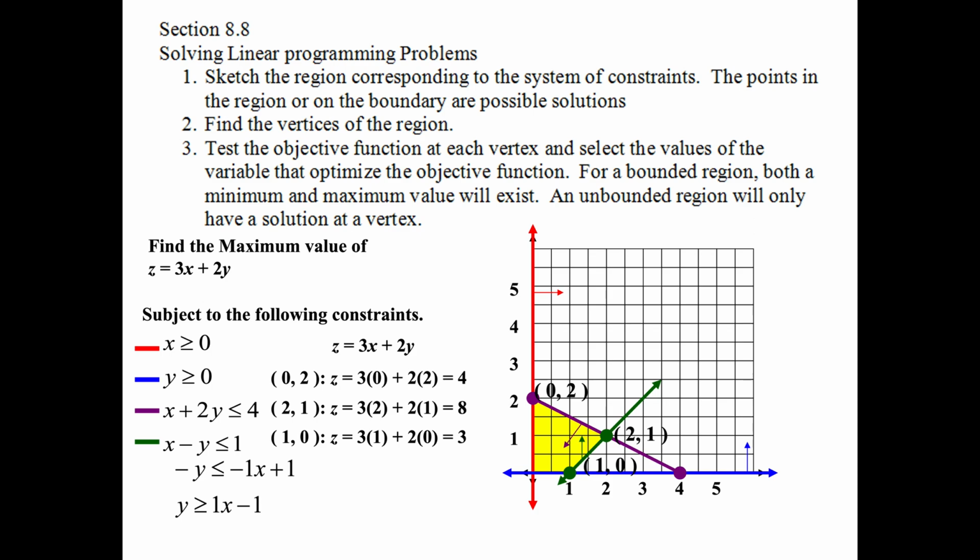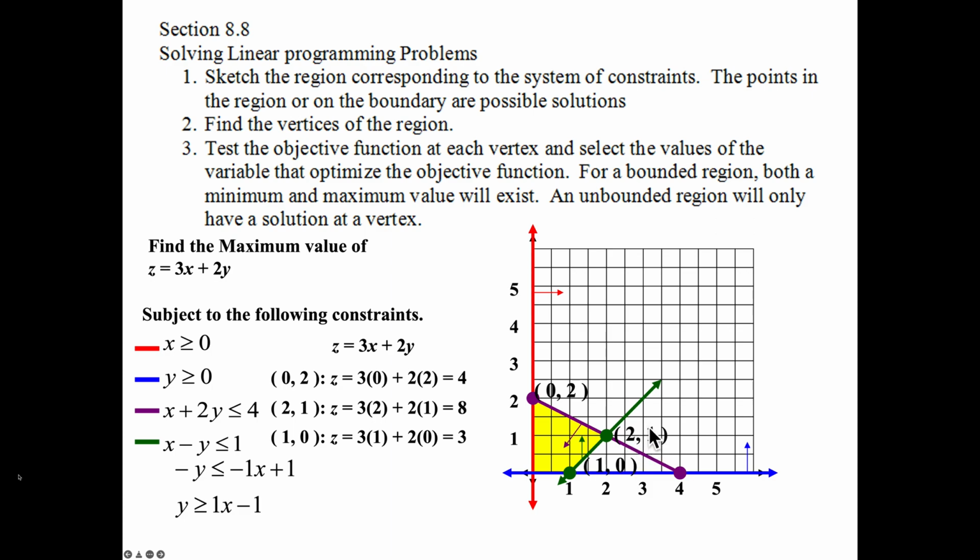Now, we can think logically here. You really didn't have to test the point 1, 0. Here's the reason. In this point 2, 1, that x-coordinate 2 is bigger than this x-coordinate of 1, and the y-coordinate of 1 is bigger than the y-coordinate of 0.